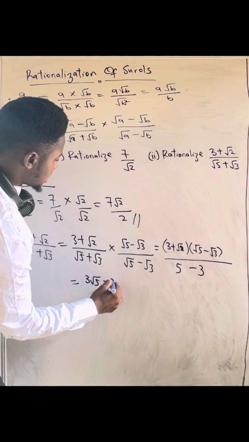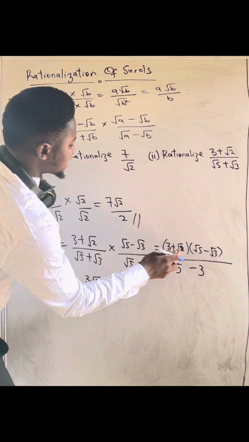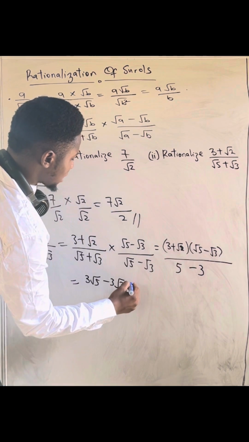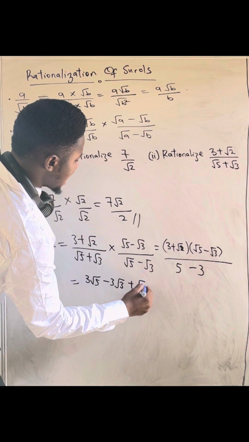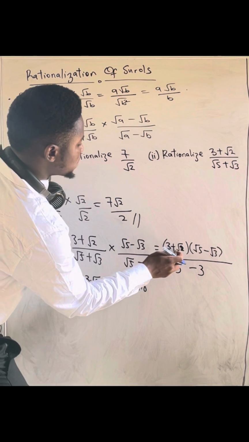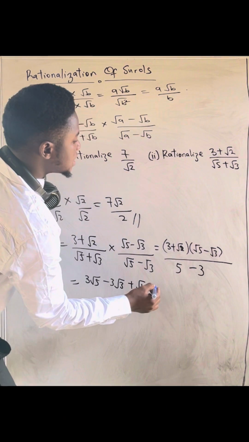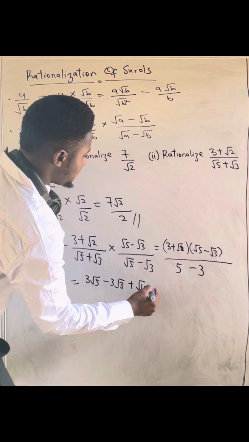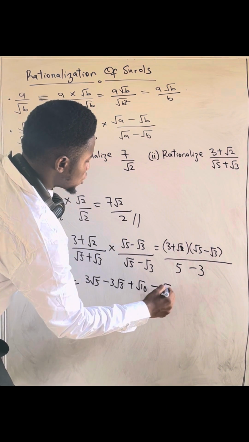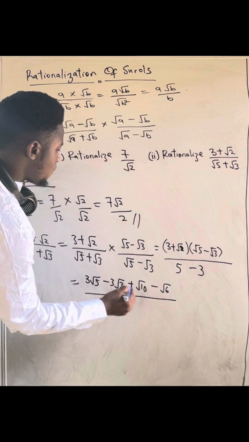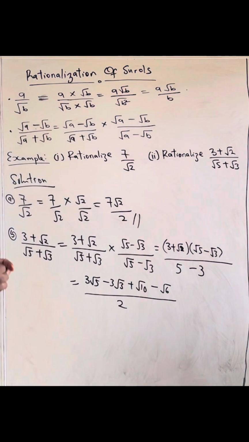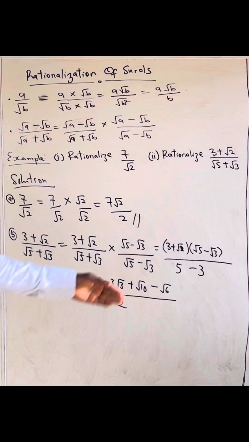That is minus 3 root 3. Now what is plus root 2 times root 5? That is plus root 10, because 2 times 5 is 10. And what is plus root 2 times minus root 3? That is minus root 6, all over 2.